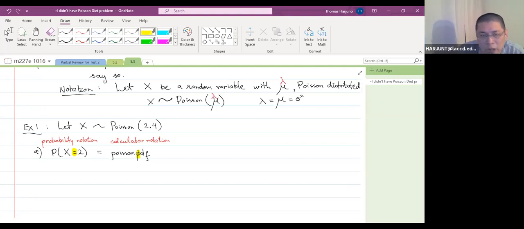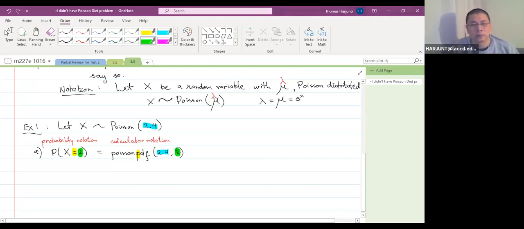If you want probability X equals 2, you would have binom PDF, right? Now your random variable X is Poisson distributed, so you use Poisson PDF. Now the parameters will be 2.4, that's the mean, and then 2, the number of incidents.